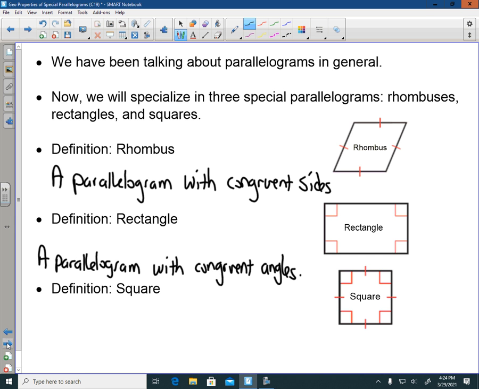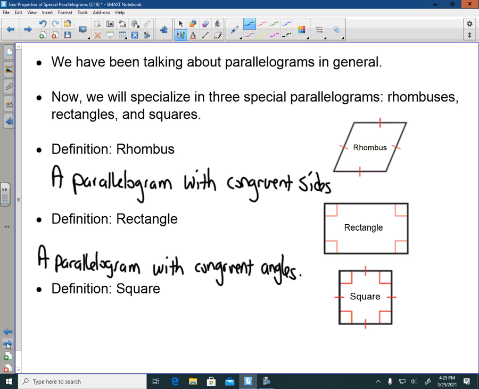Well, all four of a rectangle's angles have to be the same, and they have to add up to 360 because that's true of all quadrilaterals. And so in order for that to happen, you take 360 divided by 4, what do you get? You get 90. And that's why a rectangle has all four angles measuring 90 degrees.